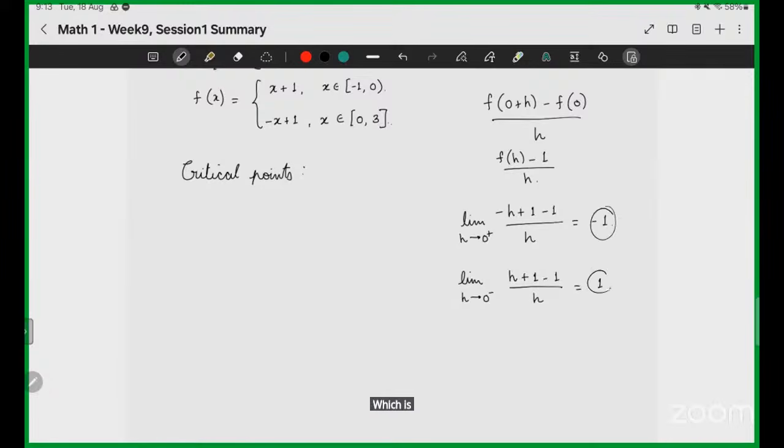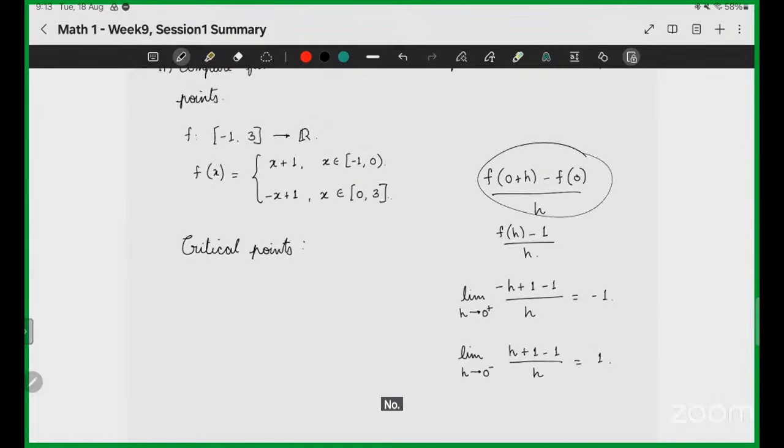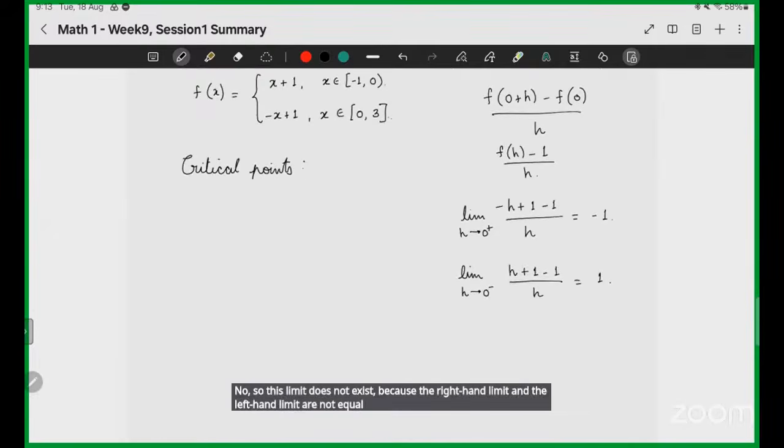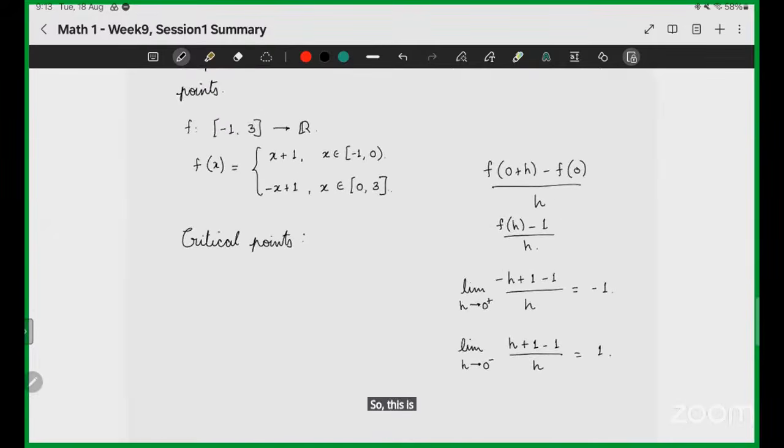Are the right-hand limit and left-hand limit equal? No, sir. So this limit does not exist because the right-hand limit and the left-hand limit are not equal. So this is a point where the function is not differentiable. So 0 is a critical point. And this is the only critical point in the interior.